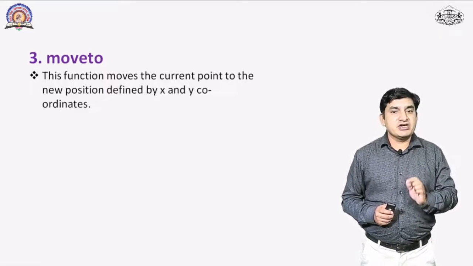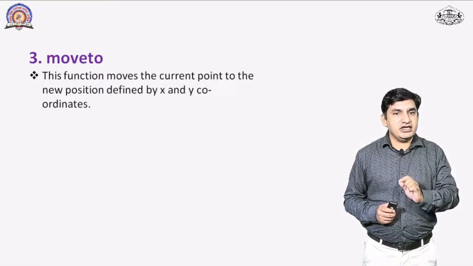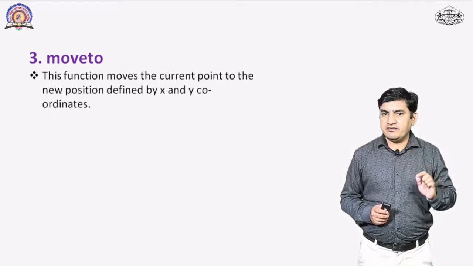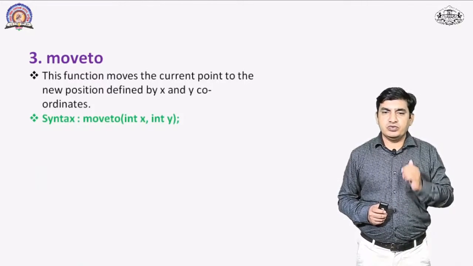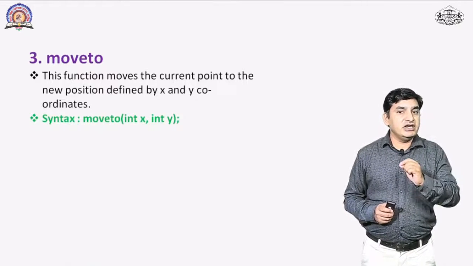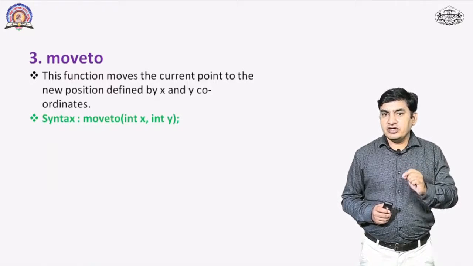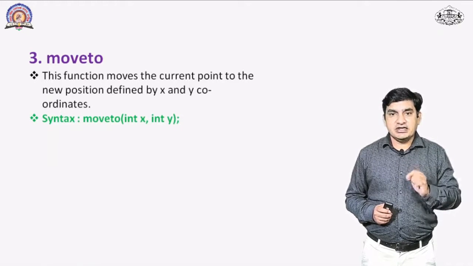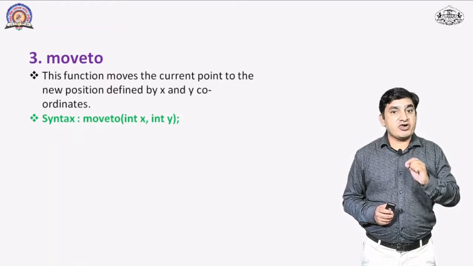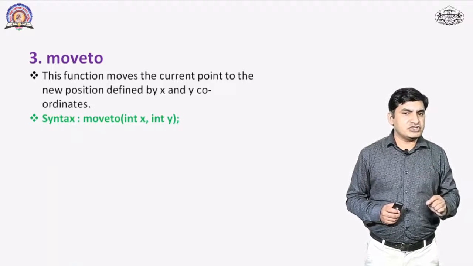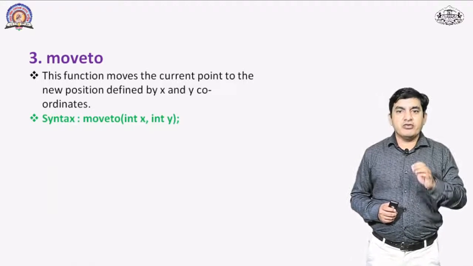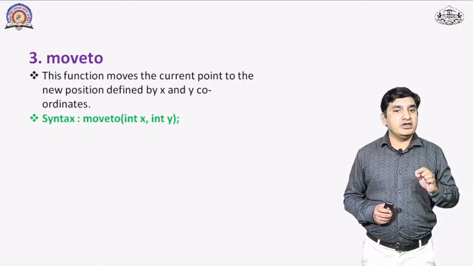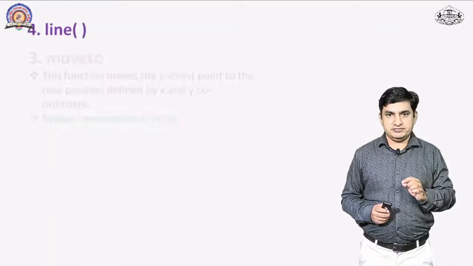New points are assigned in this function. The syntax is moveto(integer x, integer y). So, integer x represents the x coordinate of the new position and integer y represents the y coordinate of the new position.